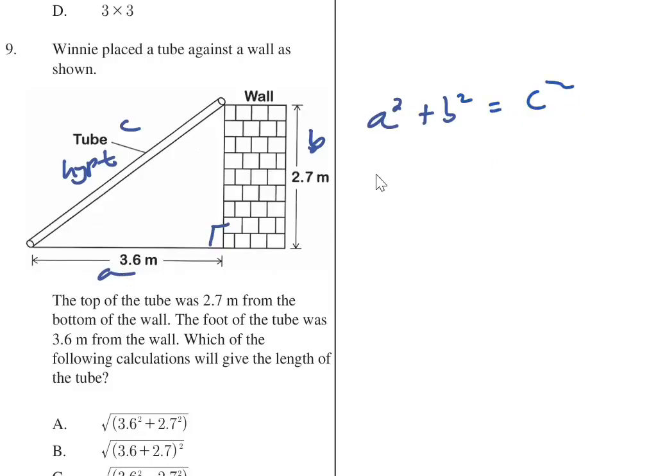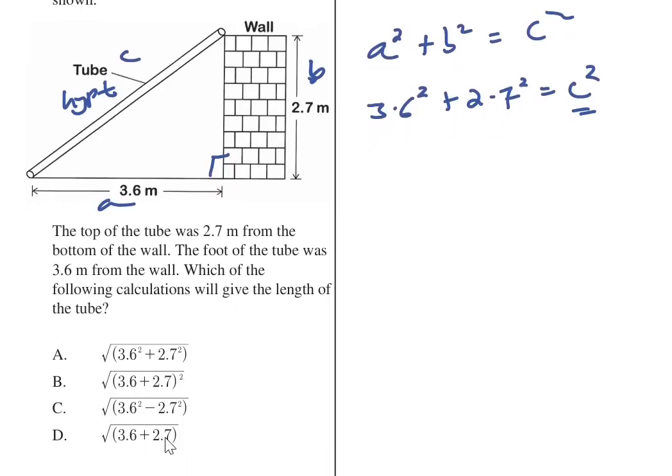So A ni nini? 3.6 squared plus B ni nini? 2.7 squared is equals to C squared, which is the length of our tube. So if you want to get C, it is the square root of these two. So C, because ukiangalia hapo answers ziko in form of waja solve.